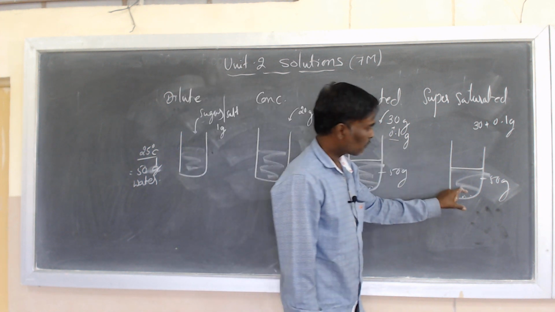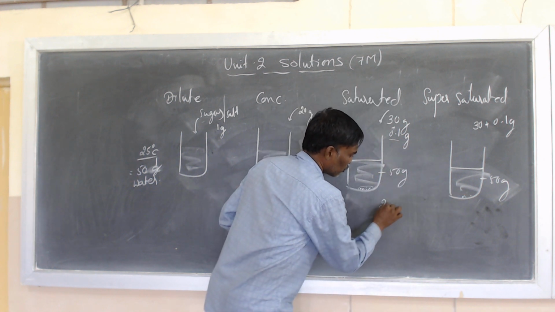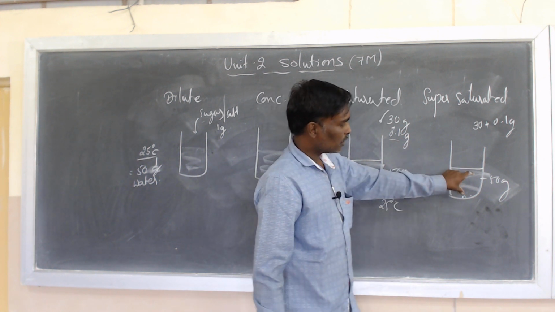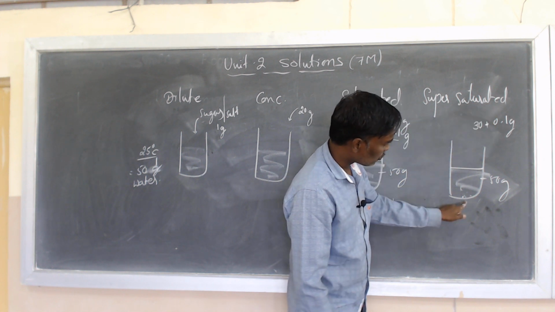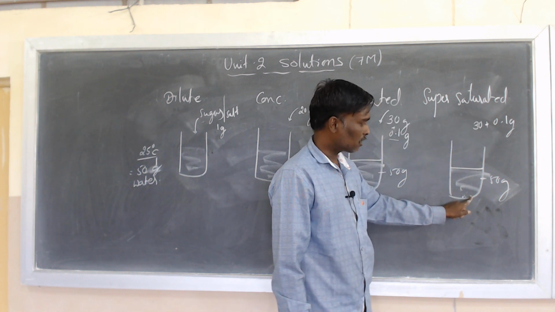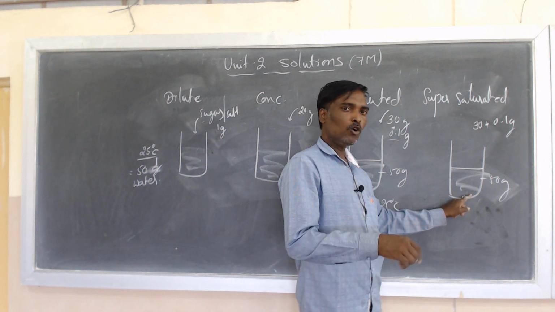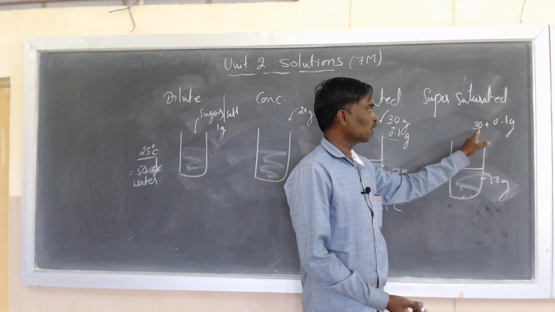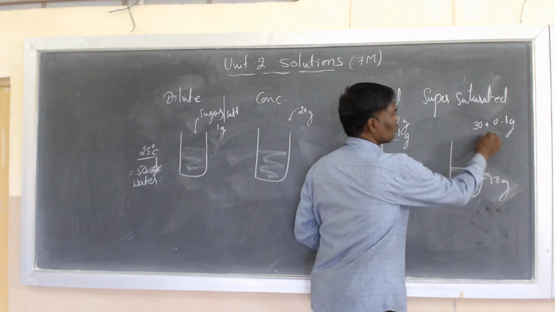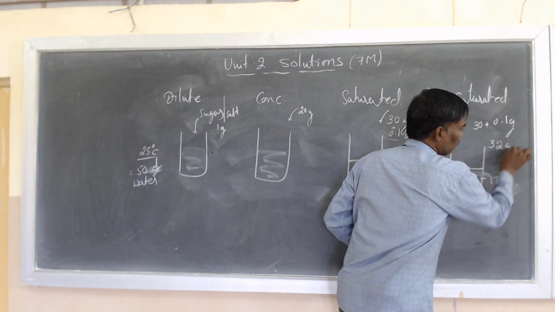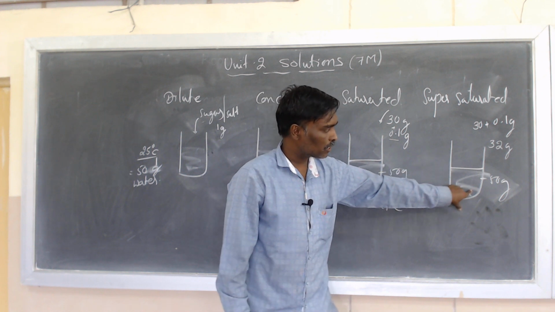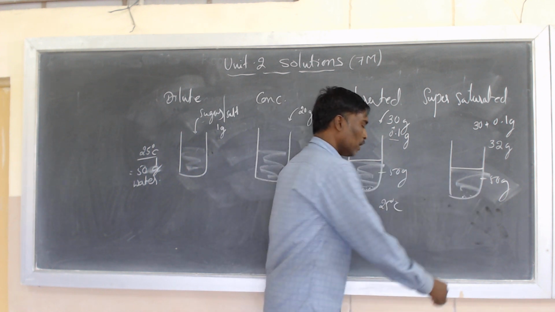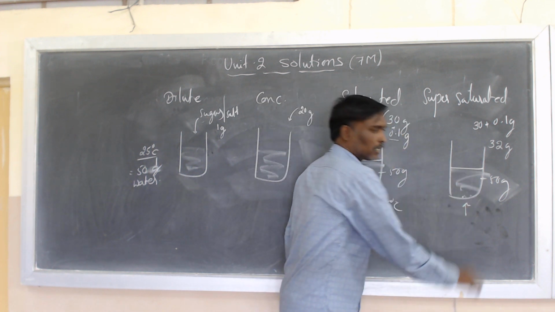So this is saturated at a temperature of 25 degrees Celsius. If I add 30.1 grams, the sugar particles settle down. But here I dissolve 32 grams, 32 grams of solute in 50 grams of solvent, by increasing the temperature.